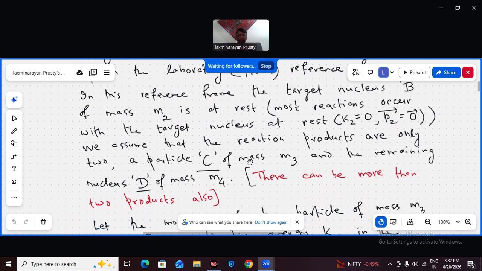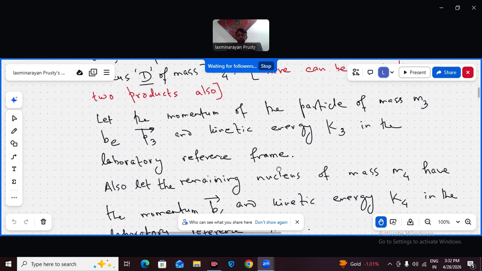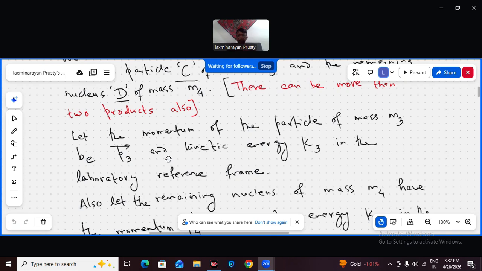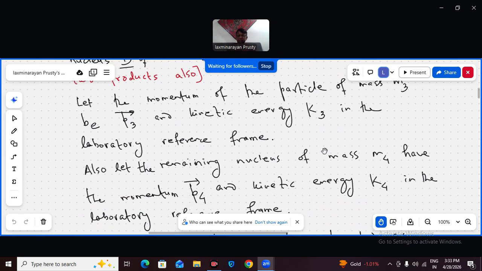We assume that the reaction products are only two. There can be more, but we assume only two: a particle C of mass M3 and the remaining nucleus D of mass M4. Let the momentum of the particle of mass M3 be P3 bar and kinetic energy K3 in the lab reference frame.